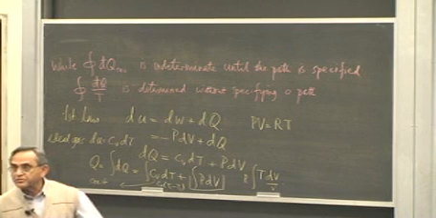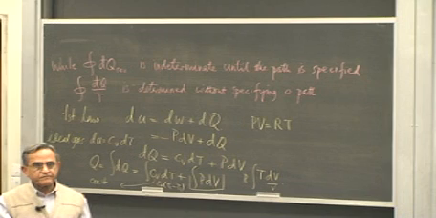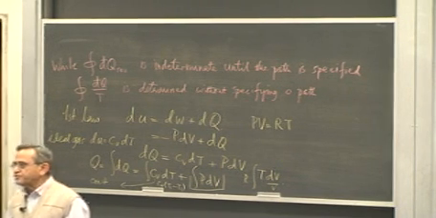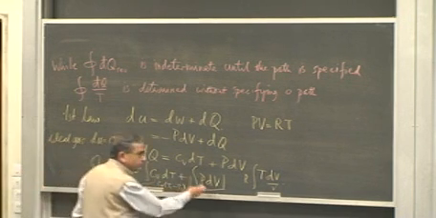Do I take it constant or not? If I take it constant, I specify the path. So I have no recourse but to specify the path if I want to solve this integral. Okay?